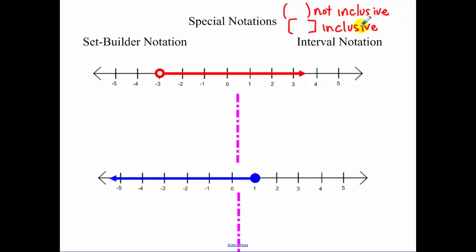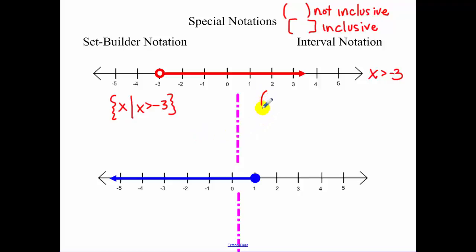So looking at this inequality, x is greater than negative 3. As we already talked about in set builder notation, it's x such that x is greater than negative 3. Set builder is kind of easy because all you have to remember is that it's these types of brackets. Now, in interval notation, you're giving me the interval for x.